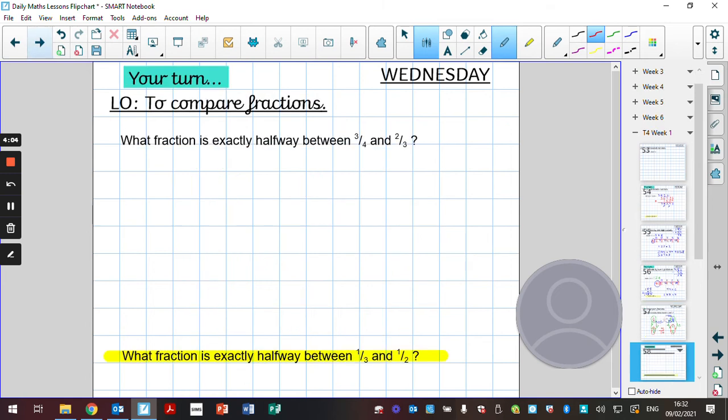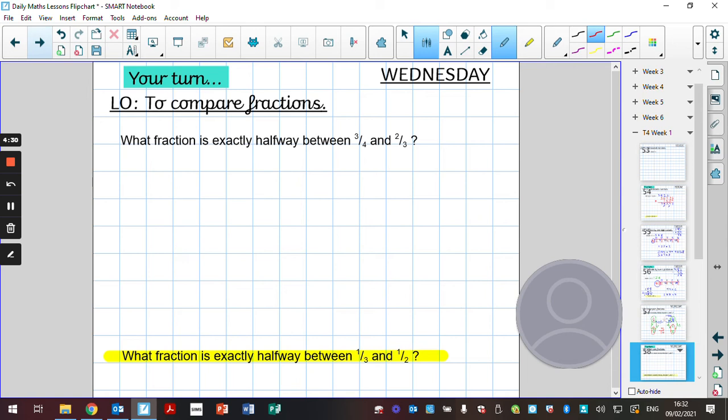Now children, it's a chance for you to have a go. Pause the video, have a look at what we've already done, and think about it carefully. Sometimes when you change to a common denominator, you won't necessarily get that fraction which is halfway between. You may need to then find another common denominator. Pause the video, have a go, and then unpause the video and we will work through it together.